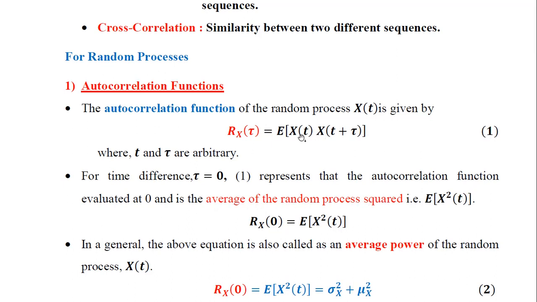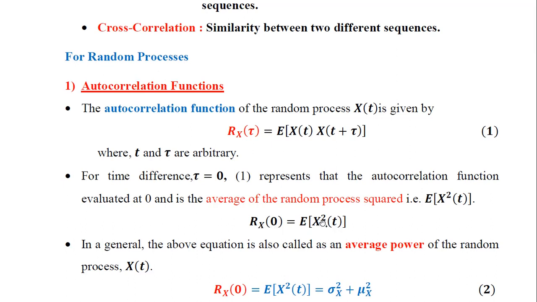In equation number 1, you can substitute tau is equal to 0. This becomes equal to E of x of t into x of t. So tau is 0, therefore the term within the square bracket becomes x square of t. So the average of the random process which is squared, with E being the expectation operator, is nothing but the autocorrelation function with time difference 0.